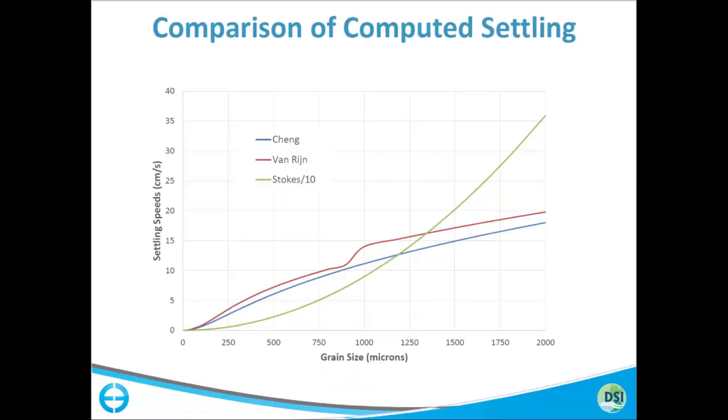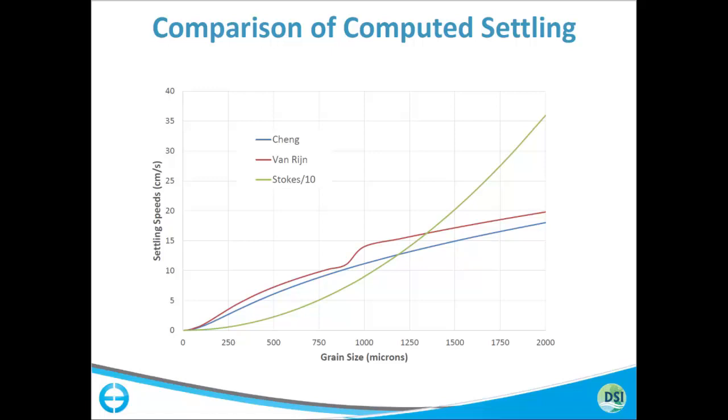But Stokes is divided by 10, because when you start getting to these larger grain sizes, you can see Stokes starts really significantly over-predicting your actual settling velocity. For the smaller ones, it's at least kind of in the range, but this is divided by 10, so these are quite high by comparison.